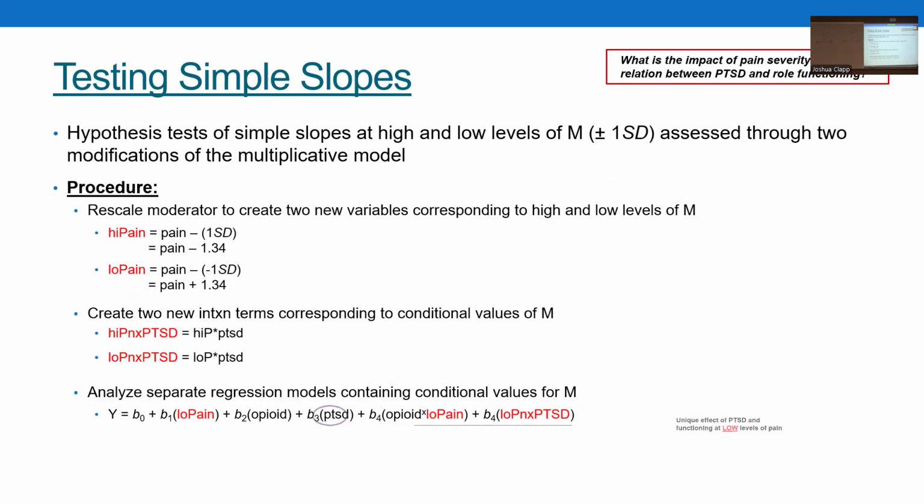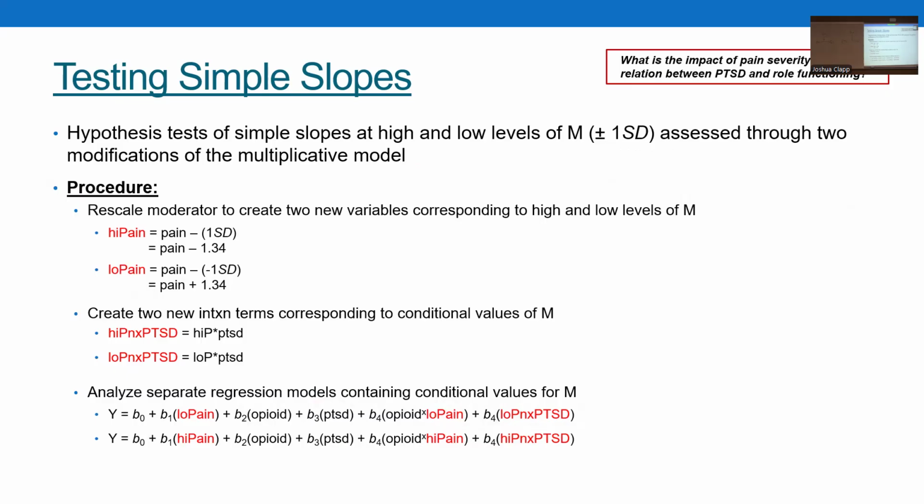Okay. And when you run this model, this coefficient for PTSD is going to give you the unique effect of PTSD on functioning at low levels of pain. All we're doing in the model is shifting around that 0 point. Same thing for looking at the conditional effect of PTSD on functioning at high levels of pain.